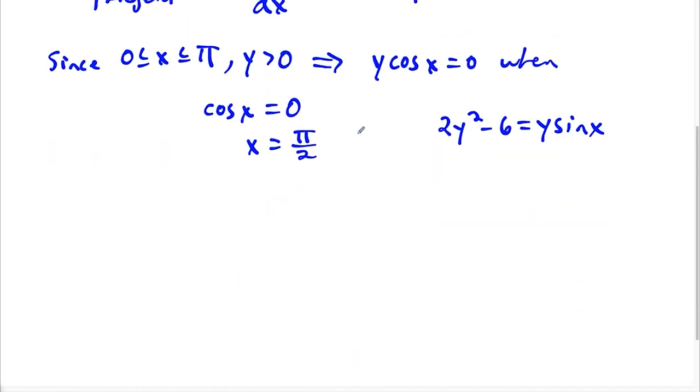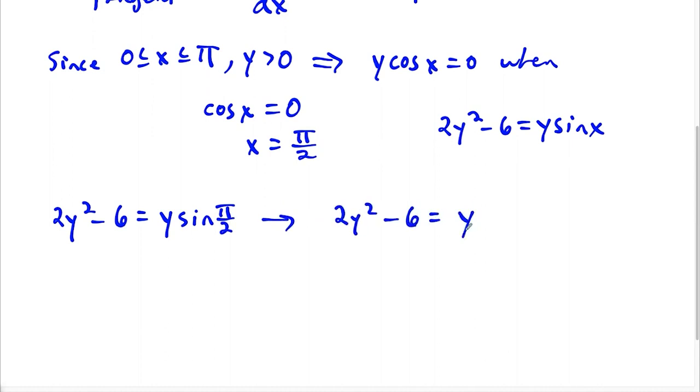So we have 2y squared minus 6 equals y times sine of pi over 2. And sine of pi over 2 is equal to 1. So that's going to take this to 2y squared minus 6 is equal to y. And then if we rearrange this, we have 2y squared minus y minus 6 is equal to 0.